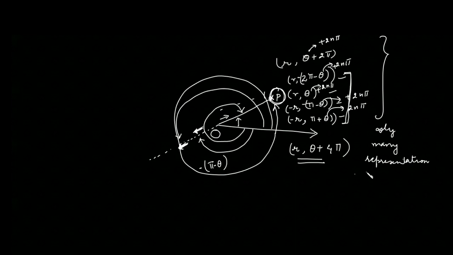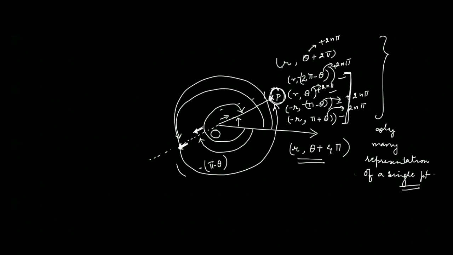This is the major difference between Cartesian and polar. In Cartesian, the point is represented uniquely. However, in polar, it is represented in infinitely many ways. One can take one turn, two turns, three turns, and after moving the same angle, one can reach the same point. So this P has infinitely many representations.